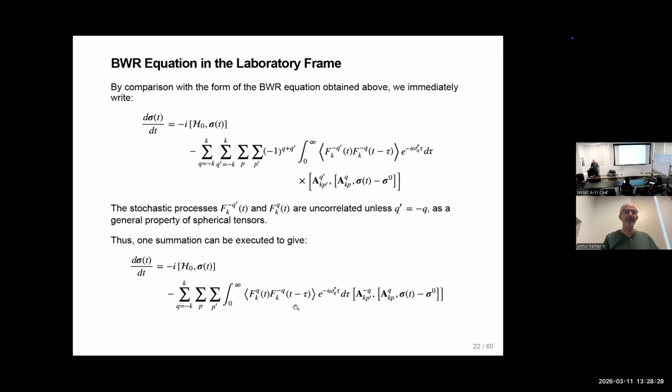So we have the autocorrelation function. It's Fourier transform, but we only need to know the value of the Fourier transform at specific points, at the eigenfrequencies of the operators. So the Fourier transform, in general, is a continuous function.